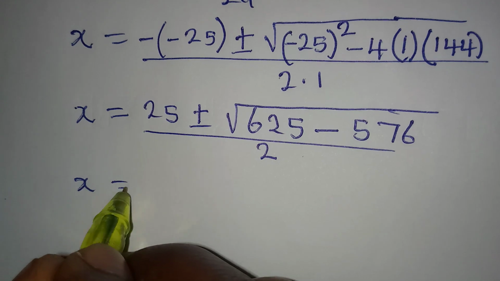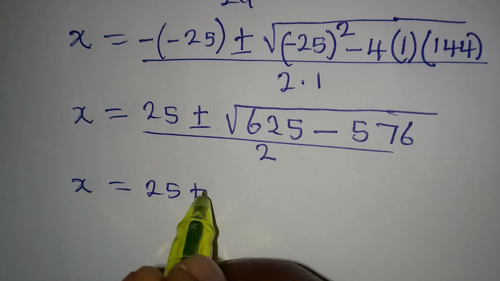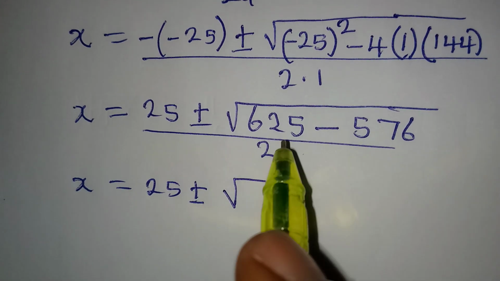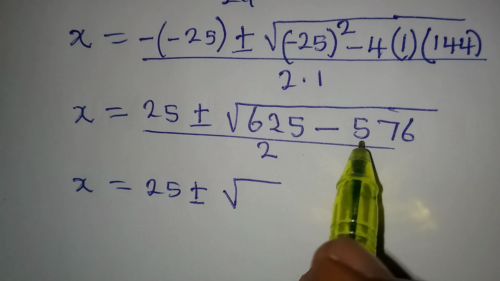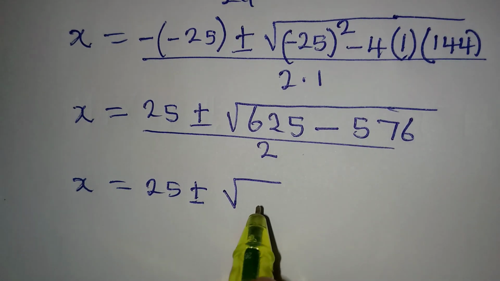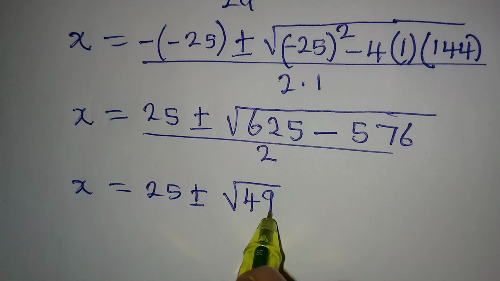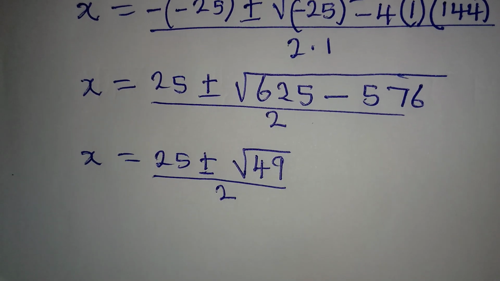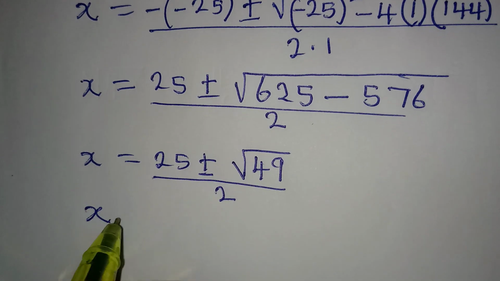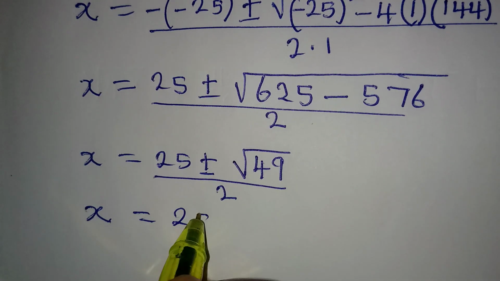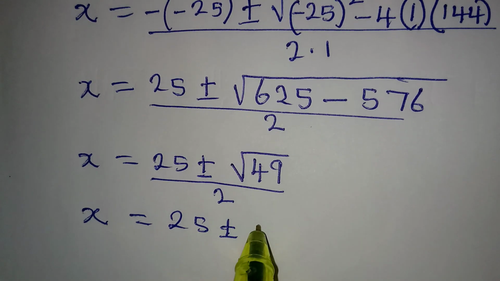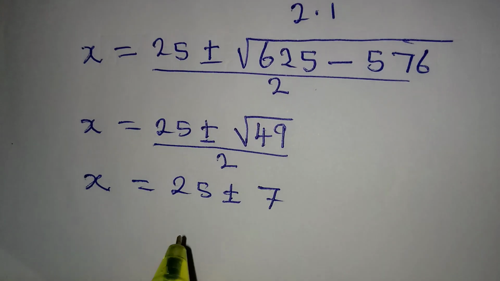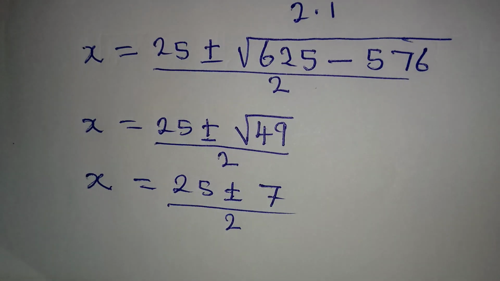Now, x from here is equal to 25 plus or minus, and we have square root of 625 minus 576 will give us 49. And then this is over 2. And by the way, 49 is a perfect square. So this means we're having x to be equal to 25 plus or minus square root of 49 is 7. And then this will be over 2, right?